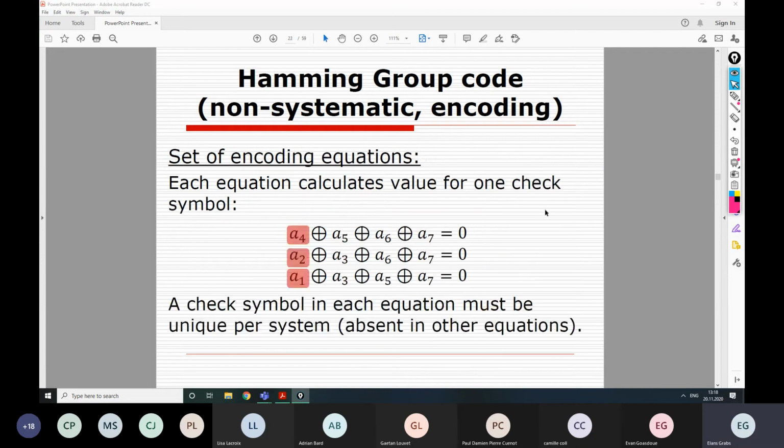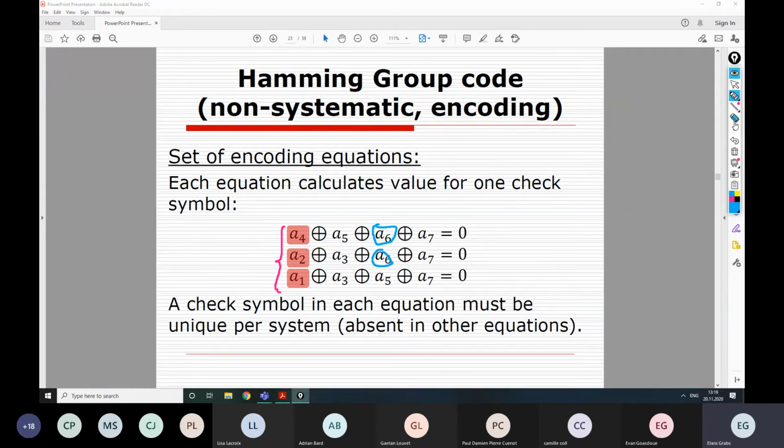So let us select from each of the equations one symbol which is unique to this system. What I mean is that, for example, in the first equation, we select symbol A4, which doesn't show up in any other equation. So, for example, we cannot choose A6 because A6 is also present here.